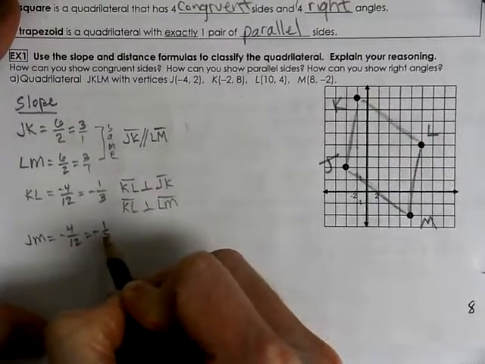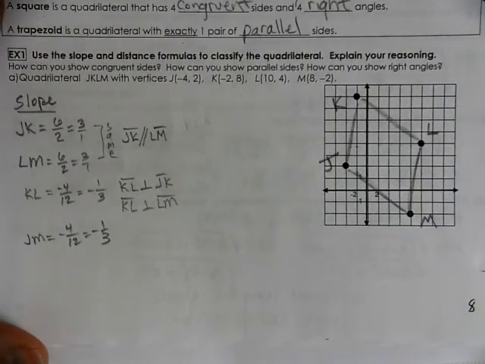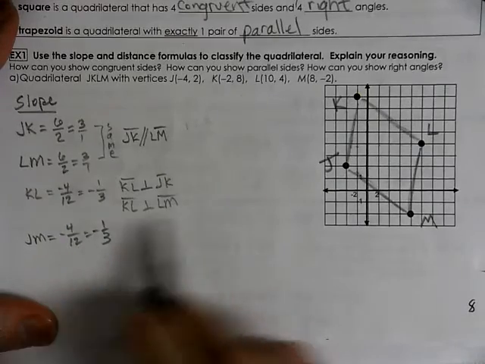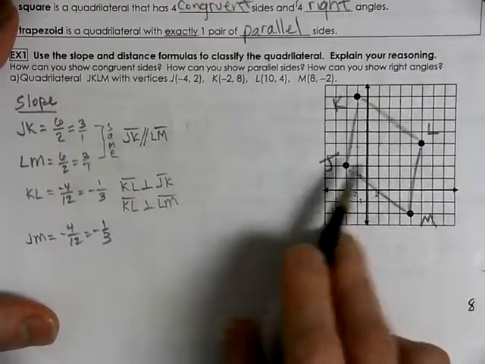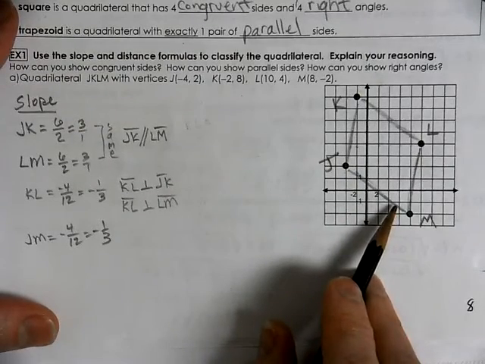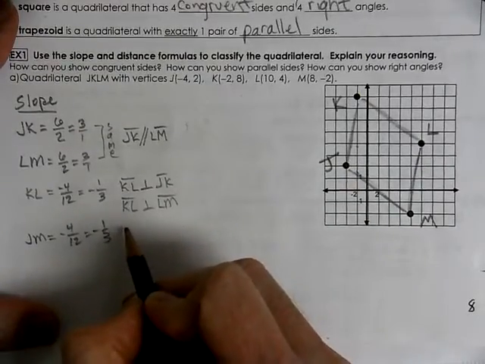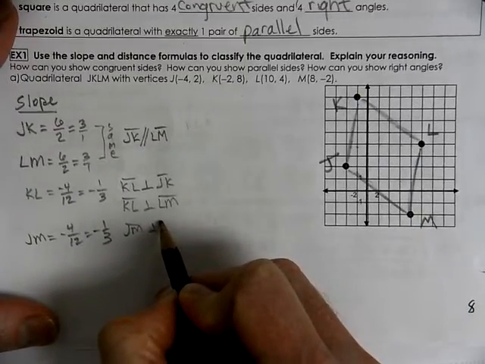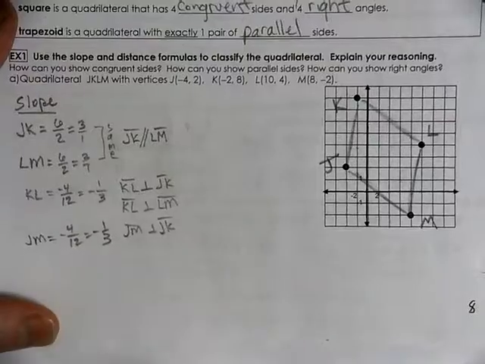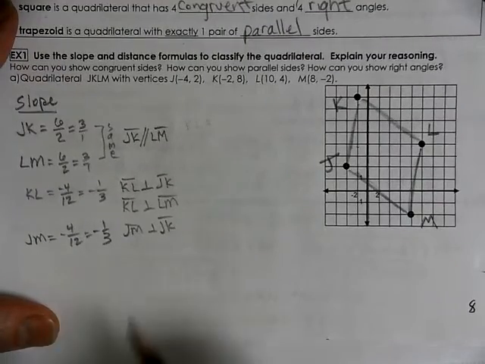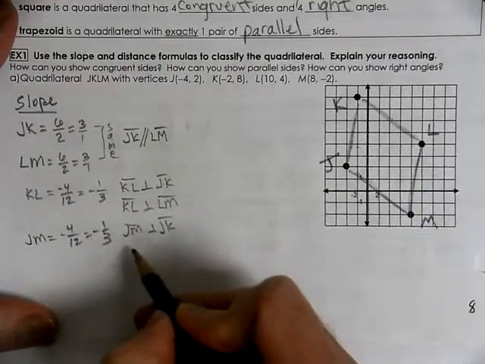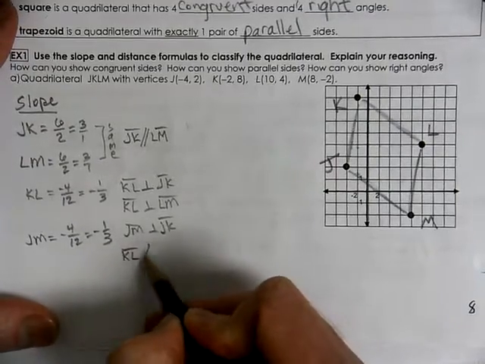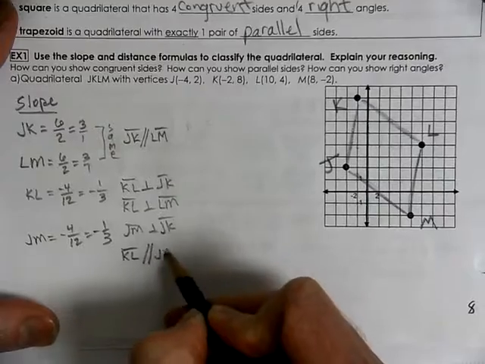That is also perpendicular to those sides. So again, I have right angles in those corners. So I have JM perpendicular to JK. And because they're the same, I also have KL parallel to JM.